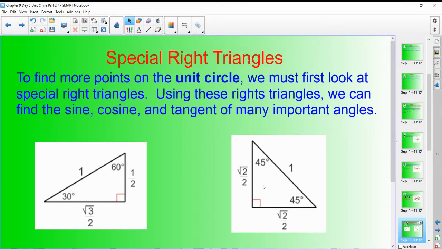Now, to find the points on the unit circle, we need to look at these special right triangles. In a previous lesson we did special right triangles, and if we had a 30, 60, 90, we called the sides x, square root of 3 x, and 2x.